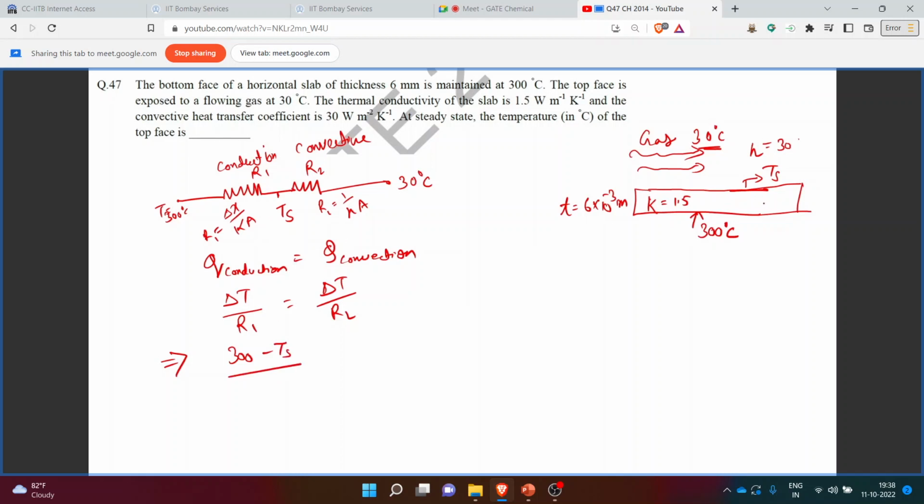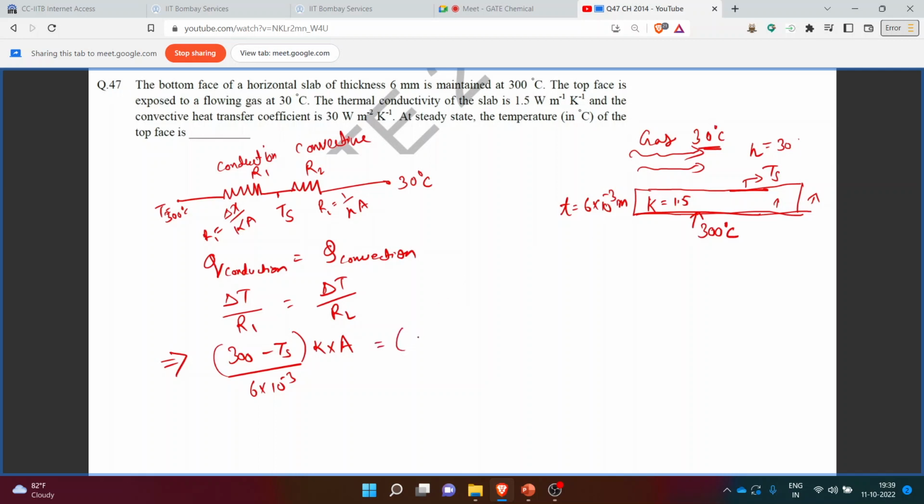Heat is transferred in this direction, and the thickness through which it transfers is 6 into 10 raised to minus 3, that is delta X, and K is the thermal conductivity, into area. Over this area the conduction will occur, and it is also the same surface area through which convection will occur.